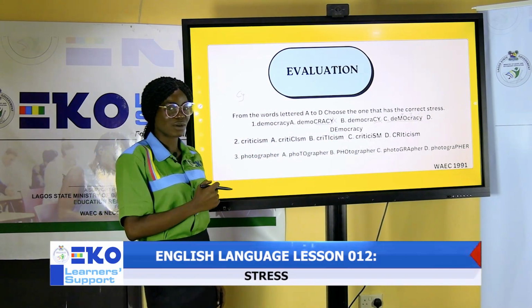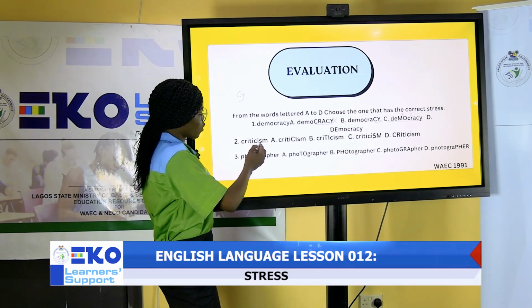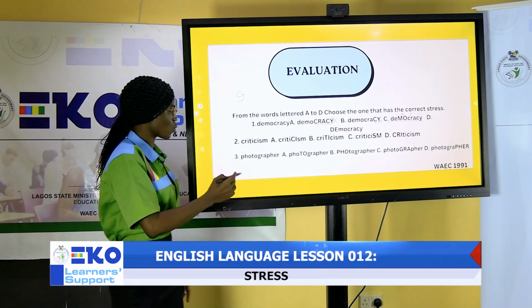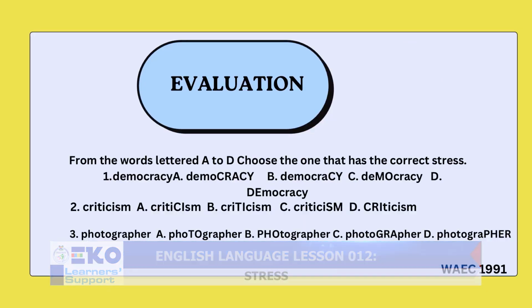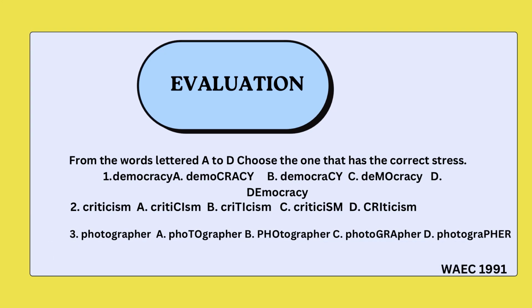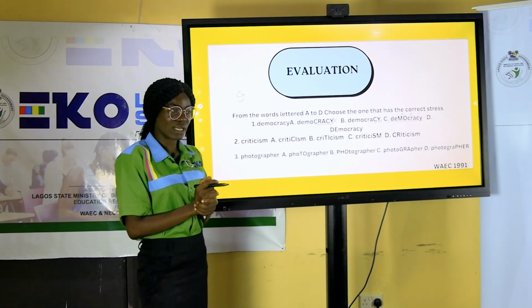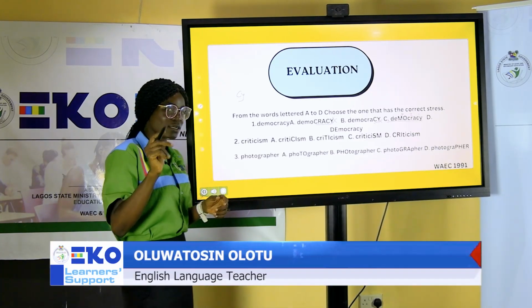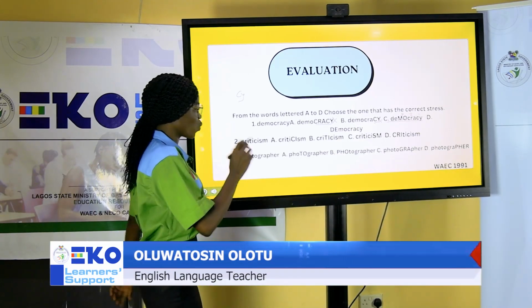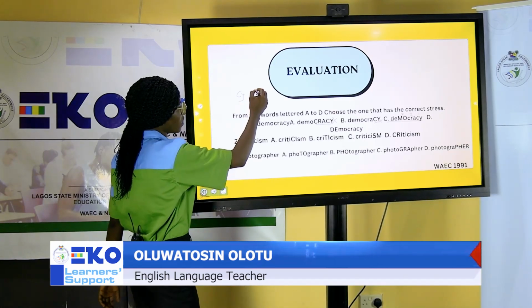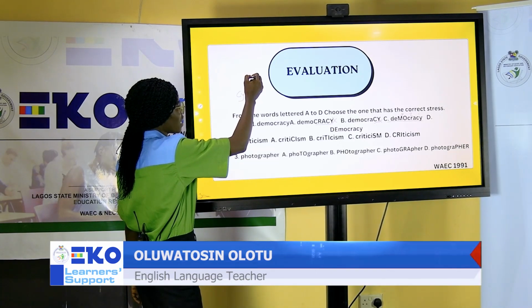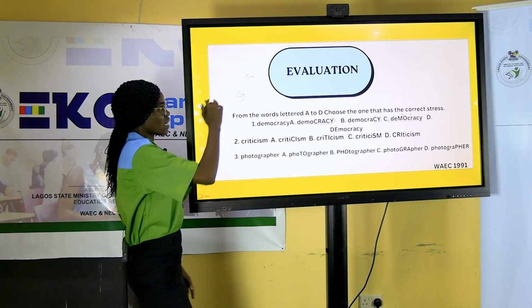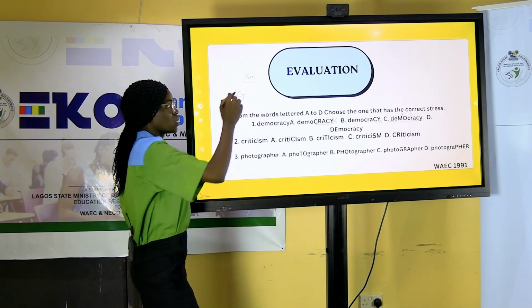I hope you understand that. Then the second question, we have criticism. I'm just going to pronounce it that way. Then let's look at the options A, B, C, D, for the one that is correct. Now, to identify the correct answer, remember I told you that when you have words that have suffixes like this, what should you do?